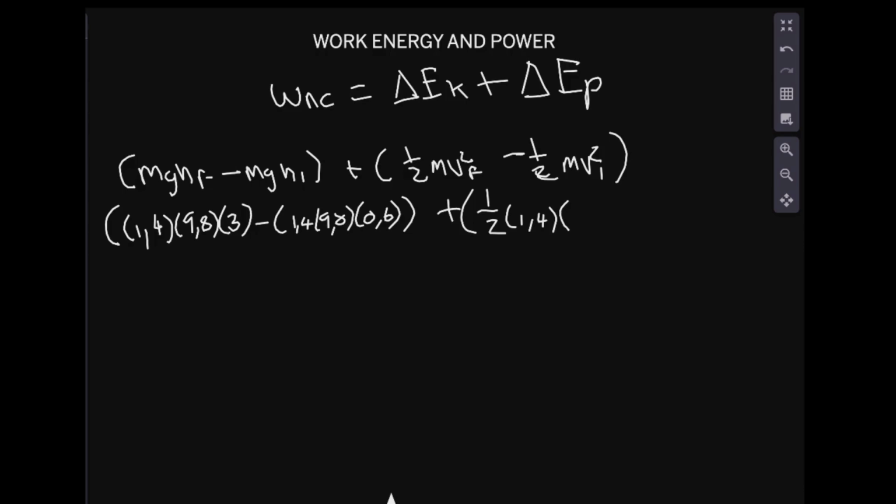So the final velocity is 3 squared minus a half times 1.4 times the initial velocity of 0.6 squared.